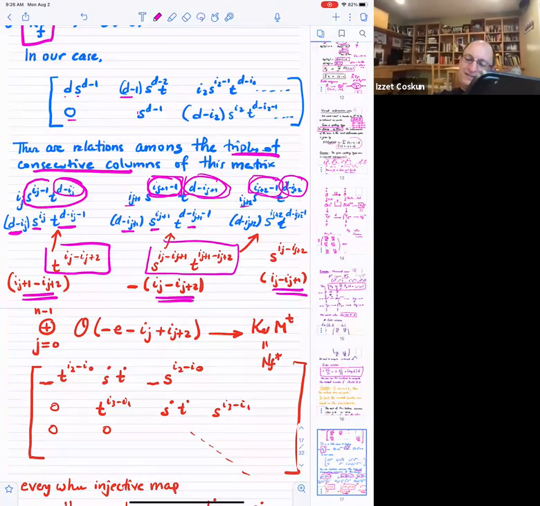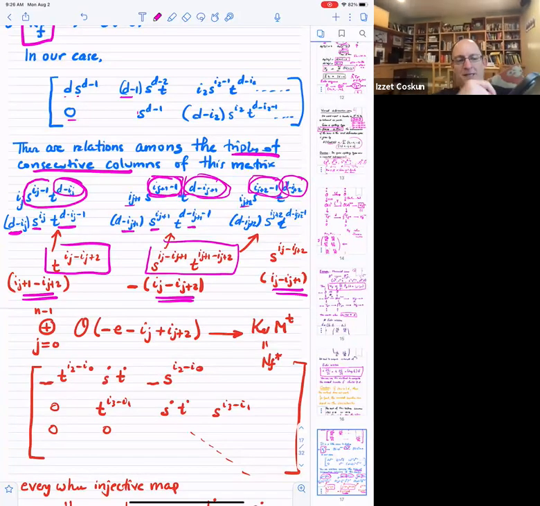The key point here is that whenever you have a monomial like this, triples of columns have these relations.